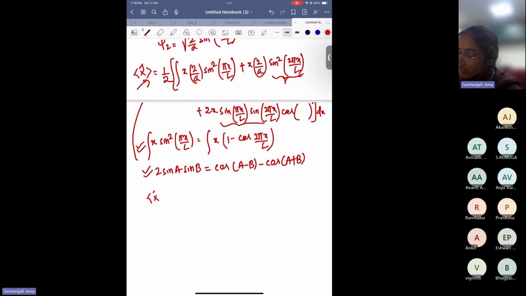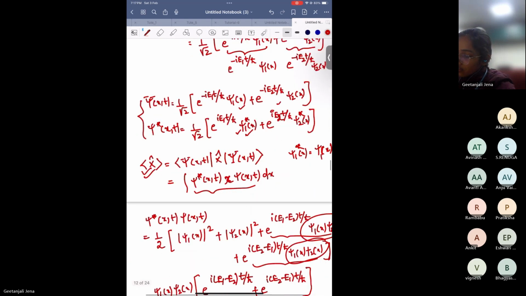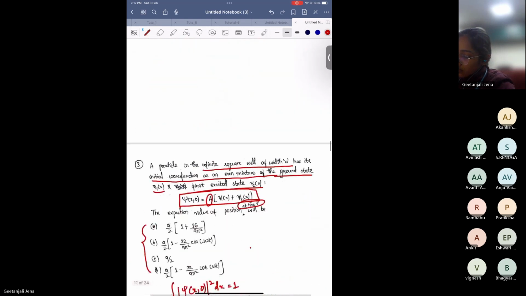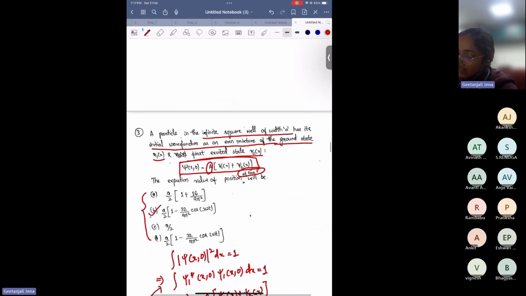After using it, you can find that the final form will be like this.